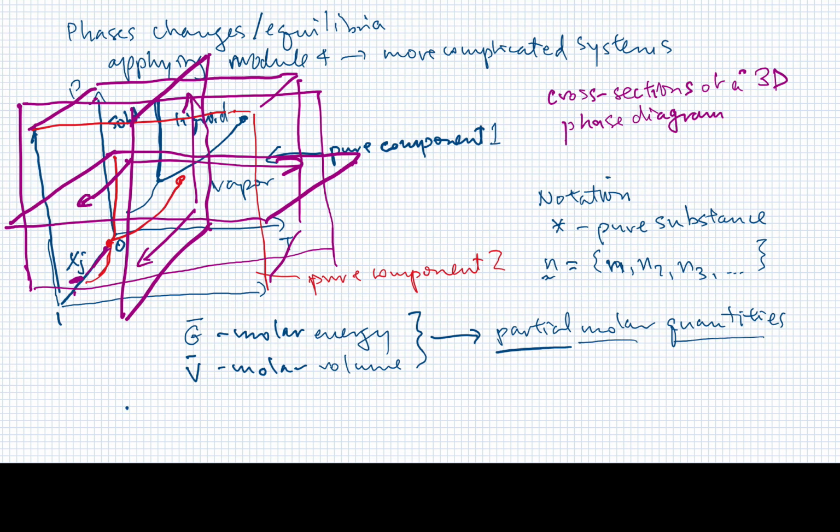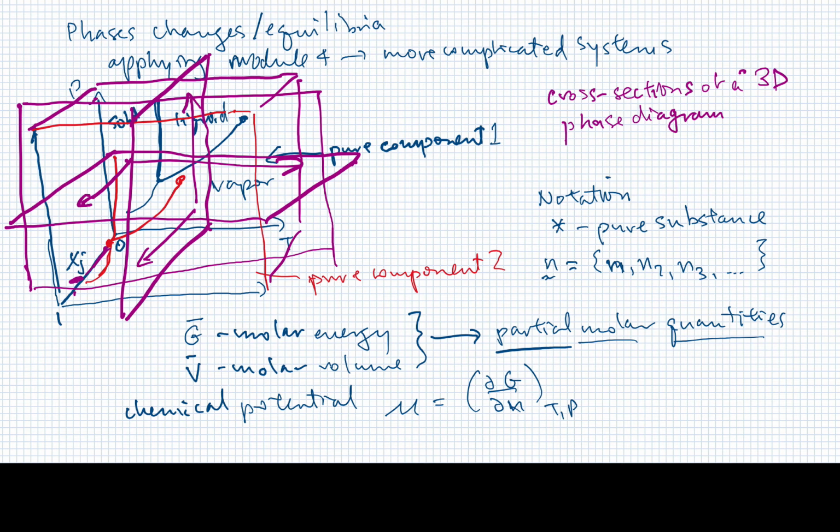Okay, when we defined chemical potential, one of the ways that we denoted it was to say that mu was equal to dG/dn, with constant temperature and pressure.